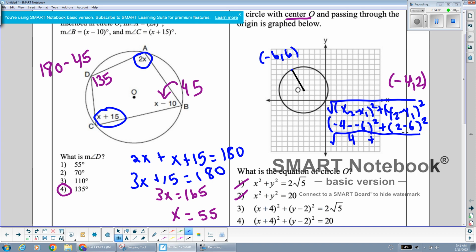And that's -4 squared is 16. So that's radical 20. And if I simplify radical 20, that simplifies into radical 4 and radical 5, which is 2 radical 5 because radical 4 is 2. And if you didn't know how to simplify radicals, that's okay. Just recognize 20 is not the same thing as radical 20. Those are two different numbers, and that would help you make your selection there.